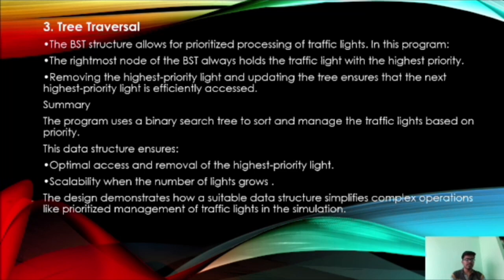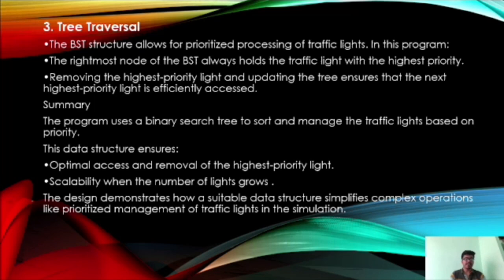And the summary of benefits is: the program uses a binary search tree to sort and manage the traffic lights based on priority. The rightmost node always has the highest priority traffic light, and it can be accessed or removed in O(log n) time.